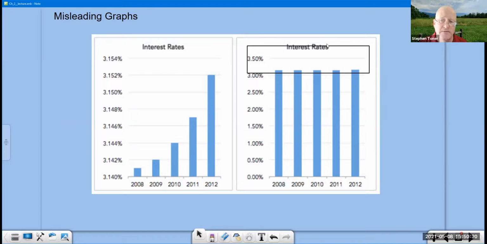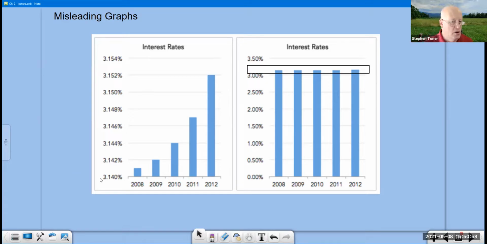I'm only emphasizing the top portion of this graph, zooming in on it. Over at the right, it looks like a fairly steady graph, but over at the left, they have accentuated this rise to make it look like interest rates are really rising rapidly each year when they're not going up by that much at all.